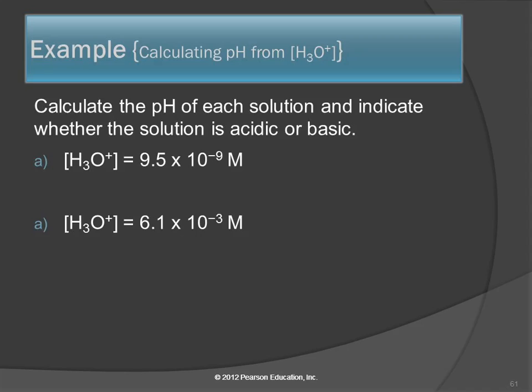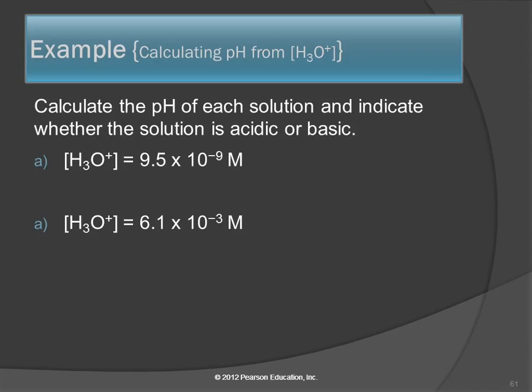So calculate the pH of each solution. Indicate whether the solution is acidic or basic. We forgot to answer that question on the previous one. Oh well. So hydronium ion concentration is 9.5 times 10 to the minus 9.